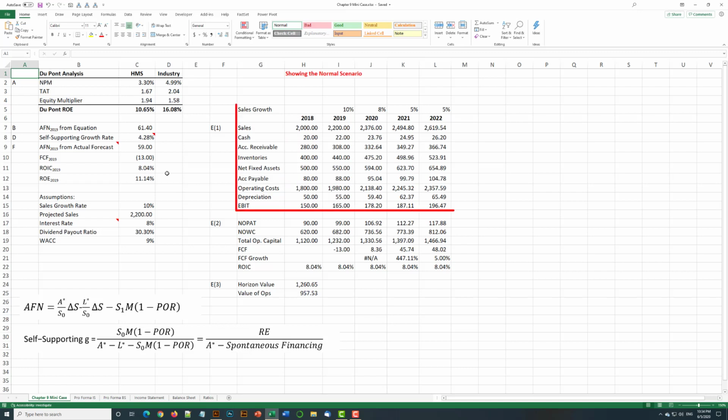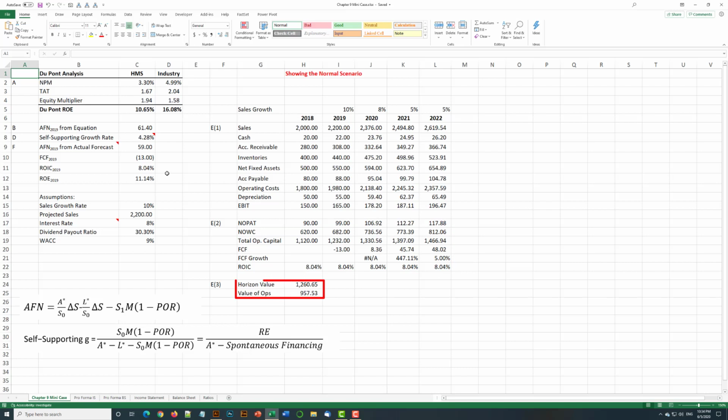Now, off to the right, you see all of the forecasts that we did in Part E. So remember, they asked us to calculate all the future sales and the future cash and the future accounts receivable and so on. So that's these calculations here. And then below that, you can see where we calculated NOPAT, net operating working capital, total operating capital, and free cash flow, and the return on invested capital.